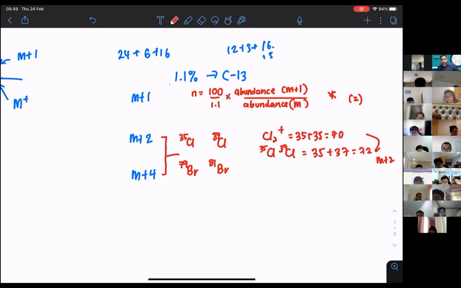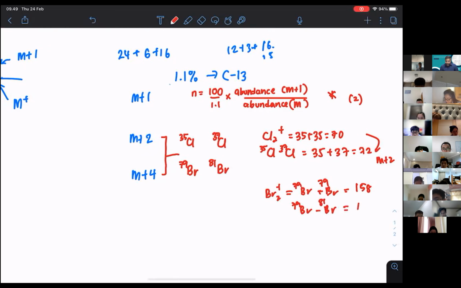The same thing if you have Br2. We are expecting Br2 to have Br79 plus Br79, so 158. If you have Br79 and Br81, there is an increase of 2, so that's 160.